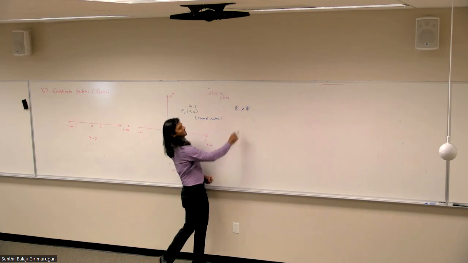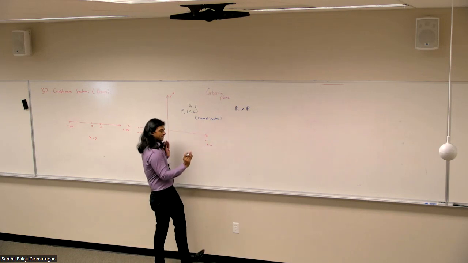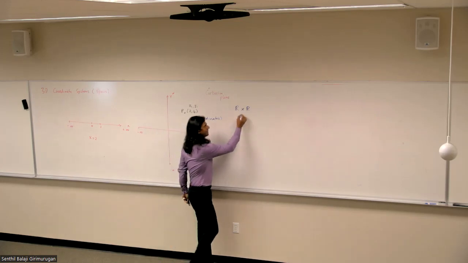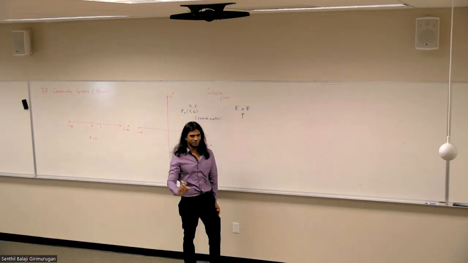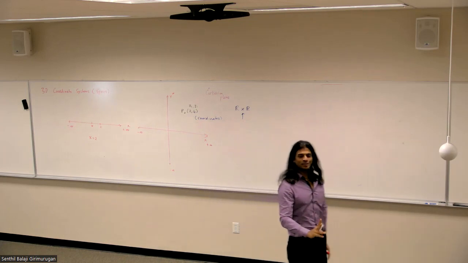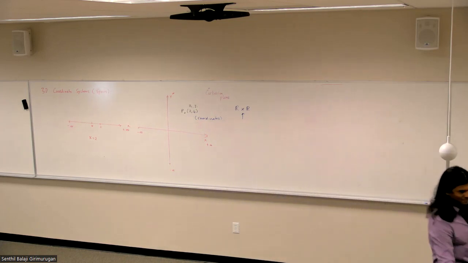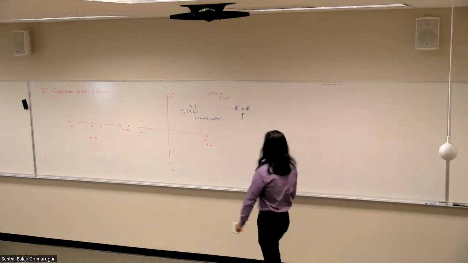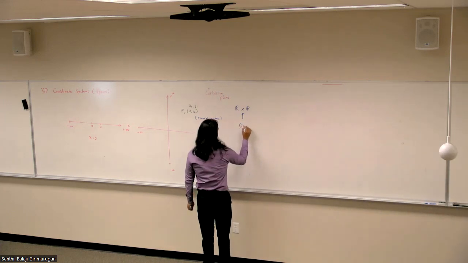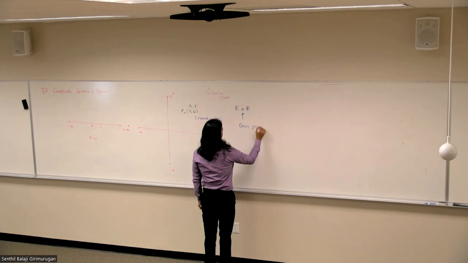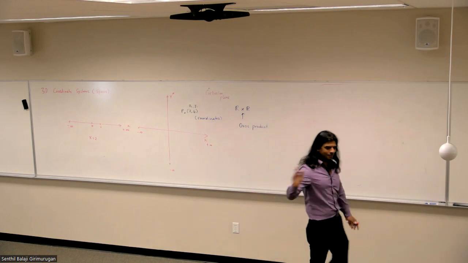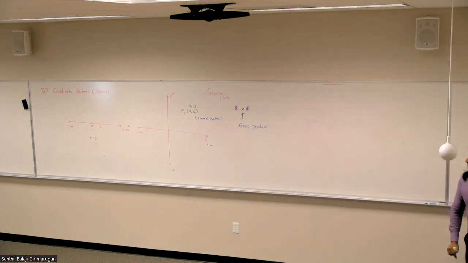Yeah, that's R, right? One corresponding to the x-axis, other corresponding to the y-axis. That has a name, that operation. It has something to do with Cartesian again. The cross product. Some call it Cartesian product, Cartesian cross product. Good.